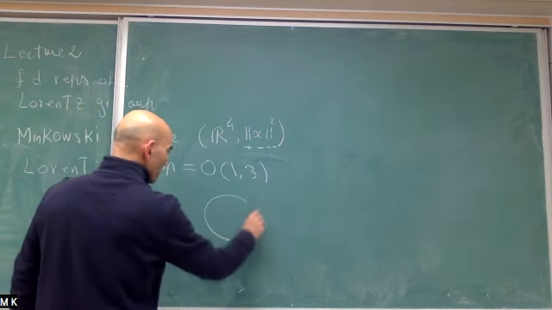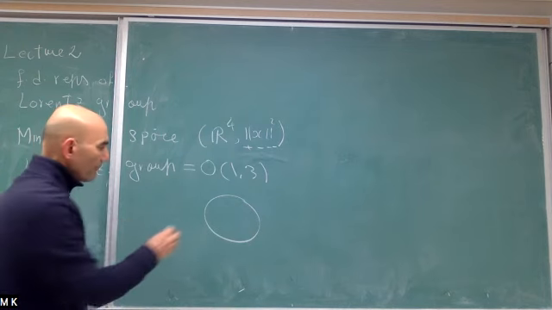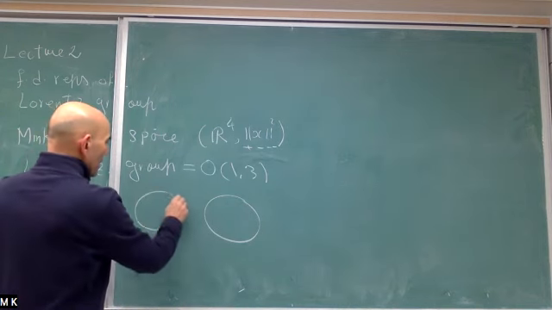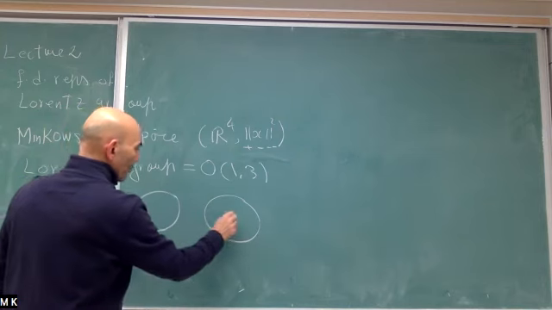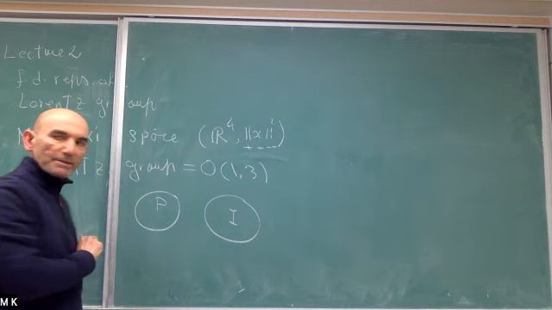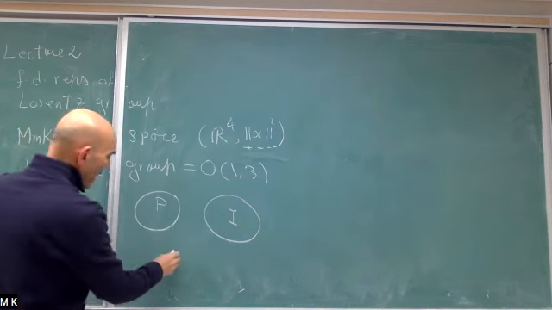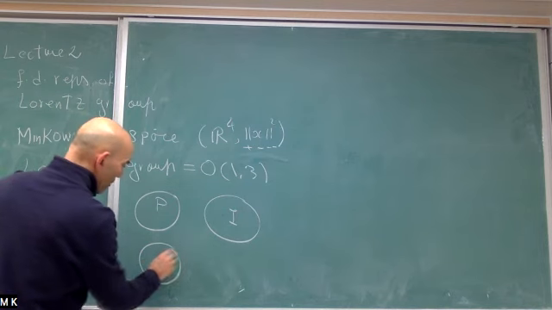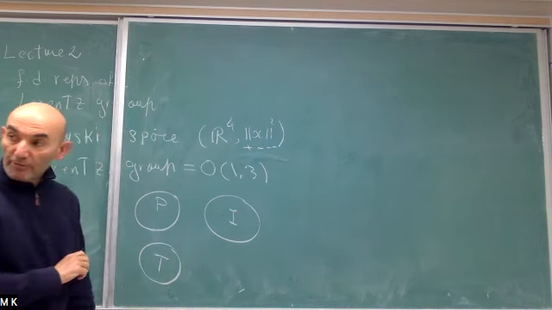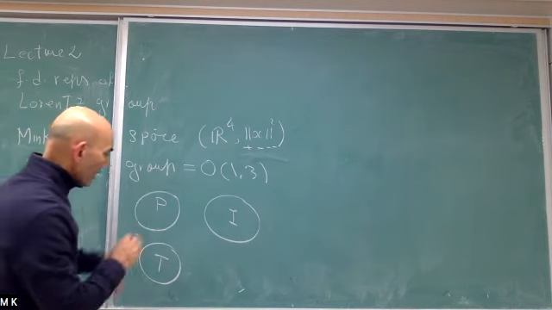It's good to have a mental picture of the connected components. This one is the connected component of the identity. This is the component that has the parity that changes the orientation of space, minus, minus, minus 1. And this is the component that contains time reversal, and on space is orientation preserving.